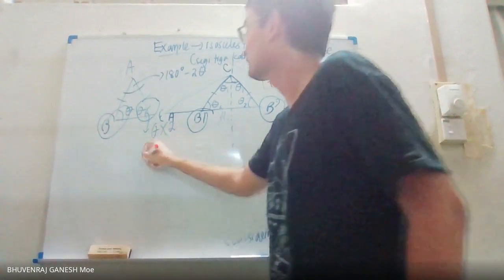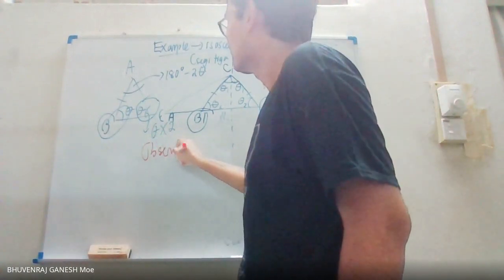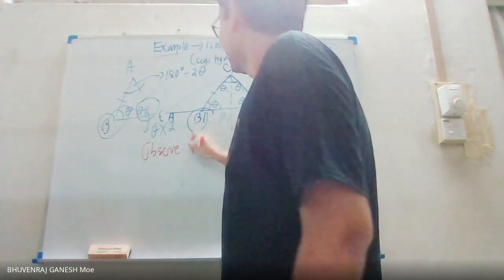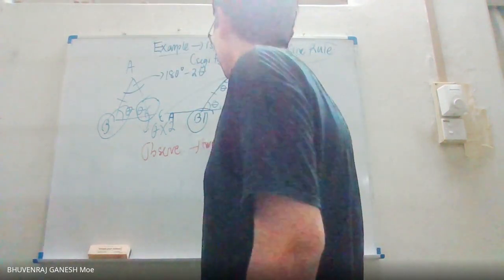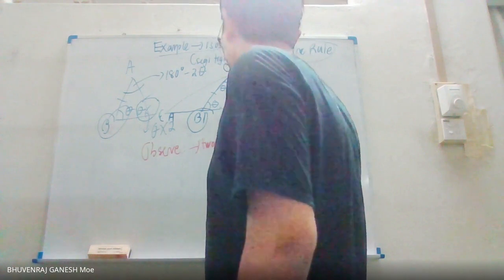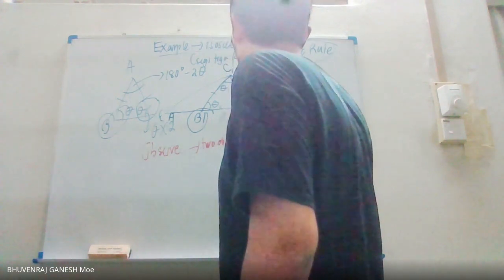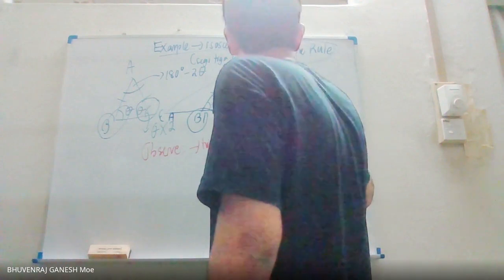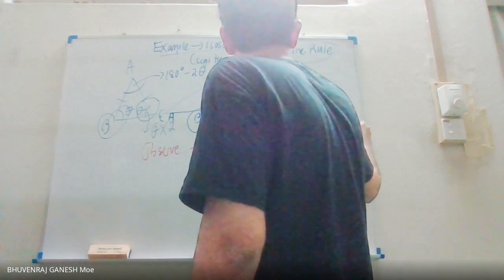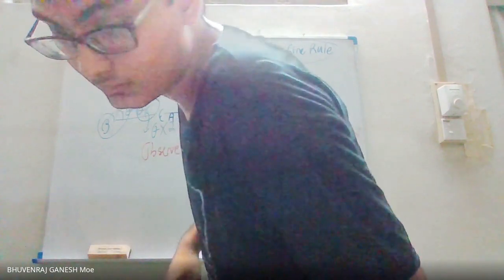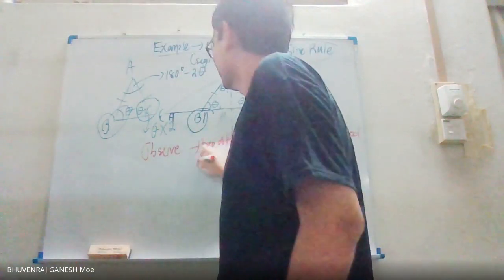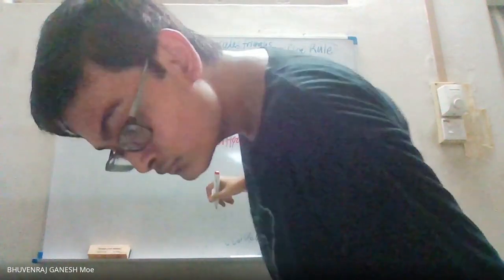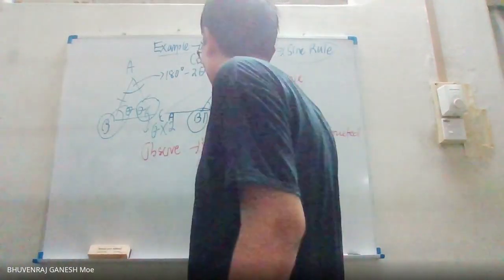So what you observe here is your observation. So this is basically relating to the ambiguous case, no? Two different triangles can be constructed by using a non-included angle.